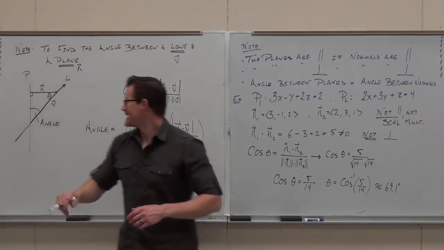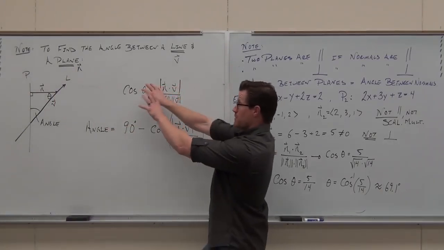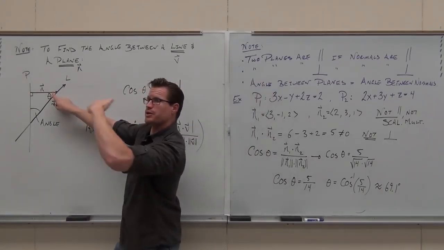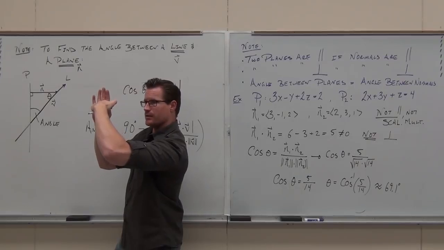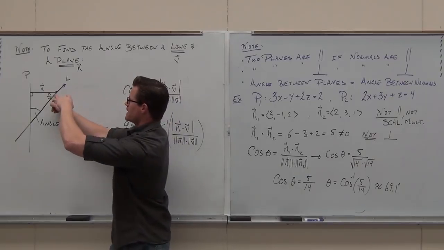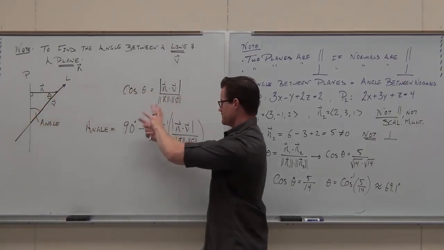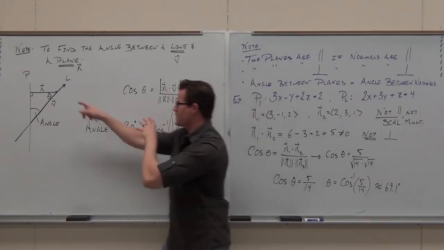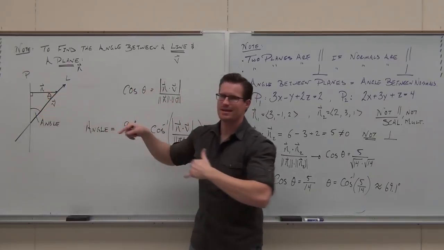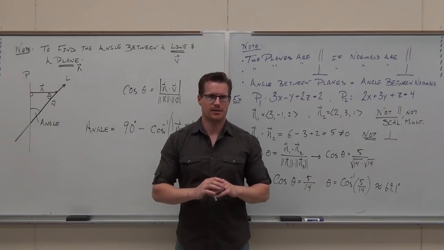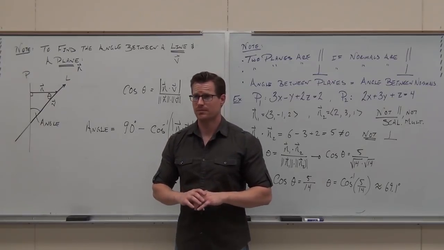The idea is, if you do this, you're going to find the angle between the normal and the line, the direction vector. If I take 90 minus cosine inverse of that scenario, 90 minus that gives us the angle between the plane and the line. Head nod if you're okay with that one.